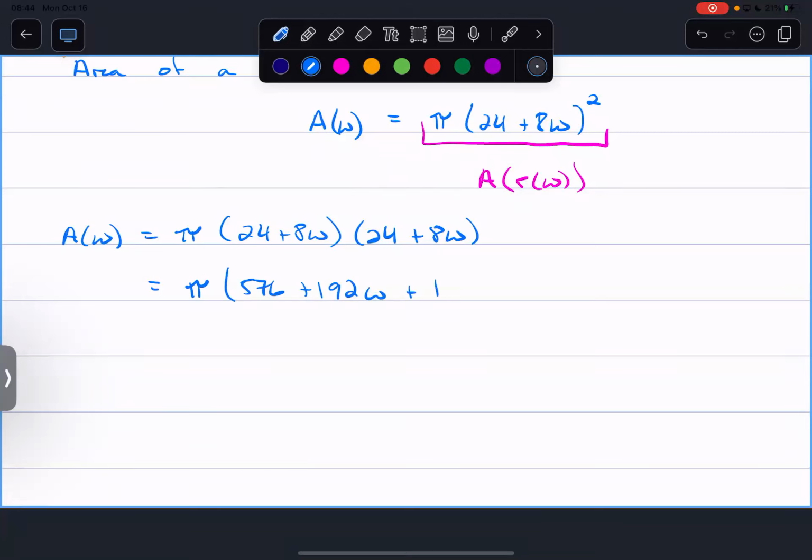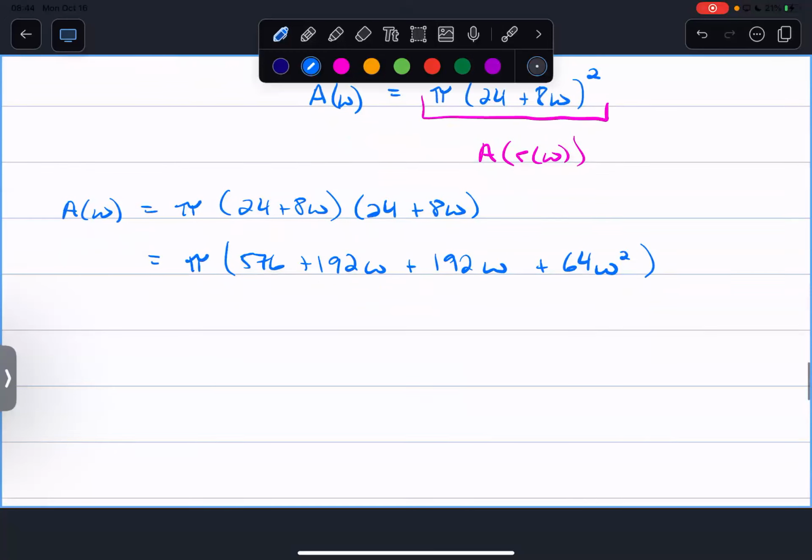So 192W again, and then 8 times 8 is usually 64. Doesn't hurt to check. W squared. And 192, I can simplify that. 192 plus 192 is 384.